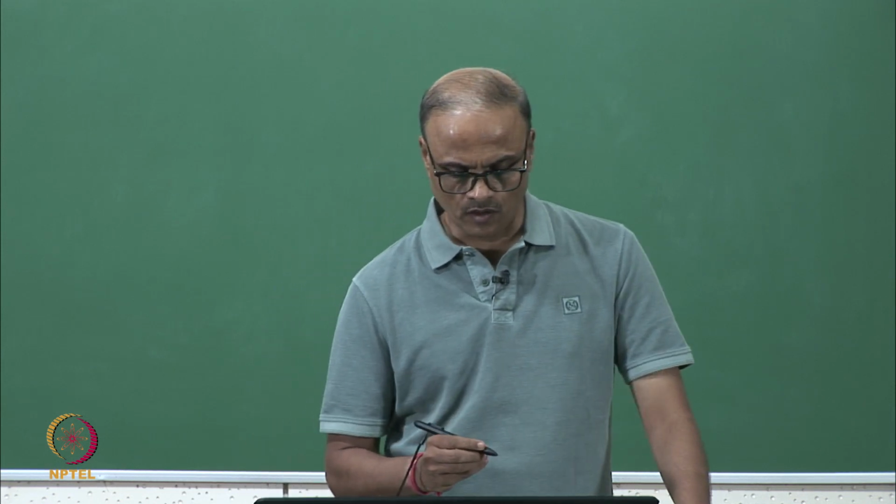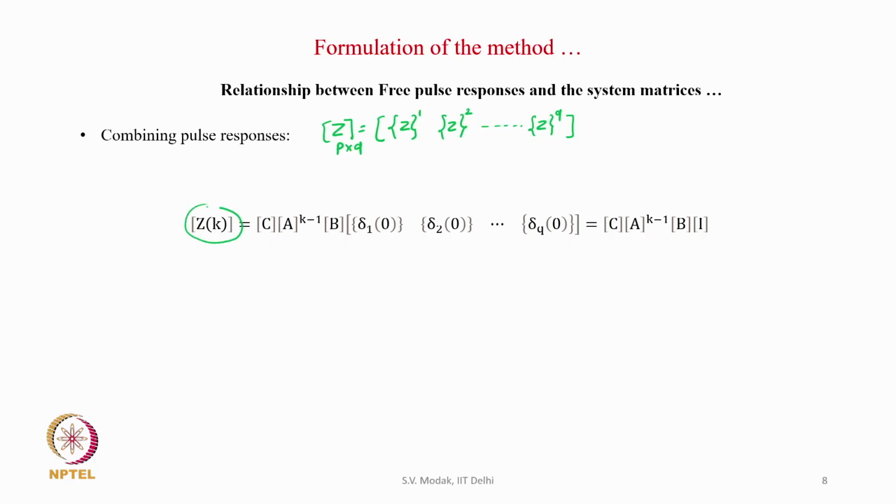So, you can see here now this is the matrix of free pulse responses. And you can see this coefficient matrix C A k minus 1 b is common to all those columns, all those free pulse responses, and that is why that has been taken common, and then this finally reduces to this expression where I is the unity matrix.